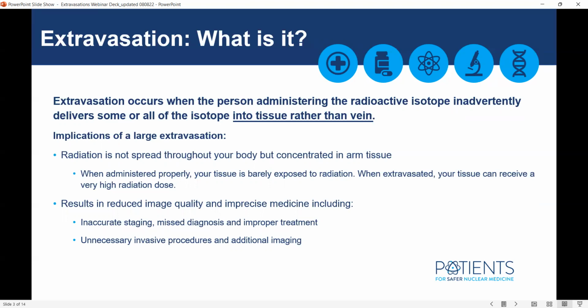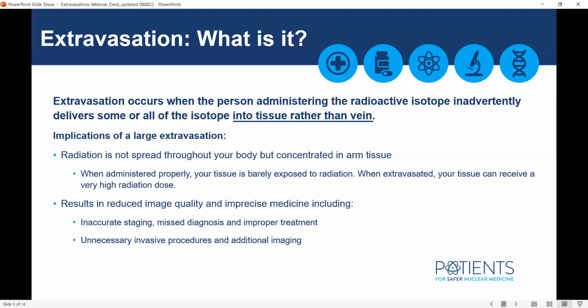Additionally, since that isotope did not flow throughout your body, the resulting image can be inaccurate. But no one will know it's inaccurate because at this time, institutions are not required to monitor or report extravasations.